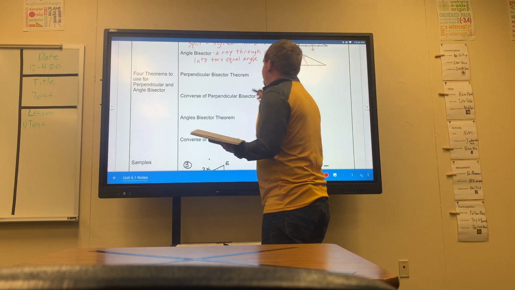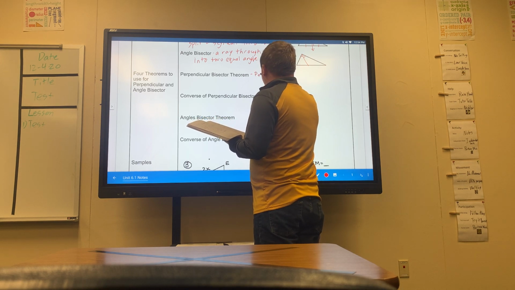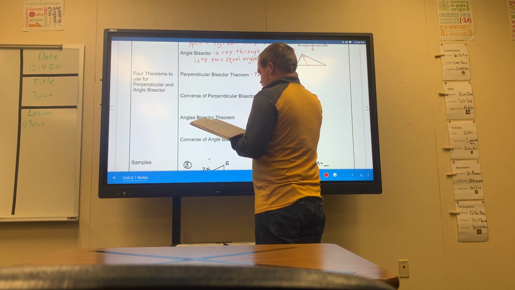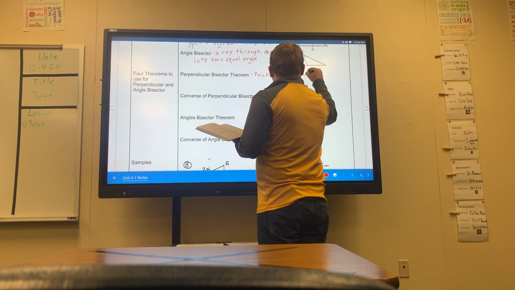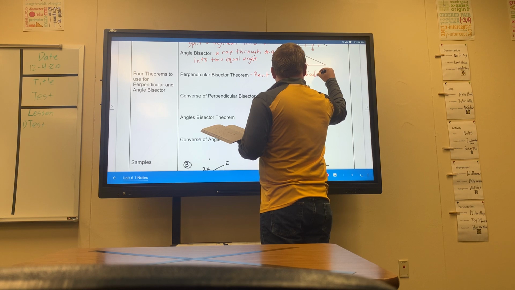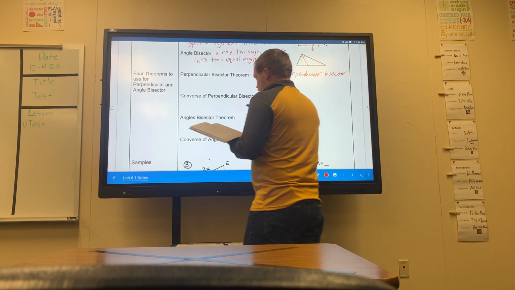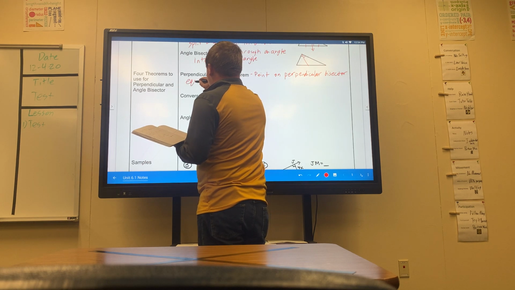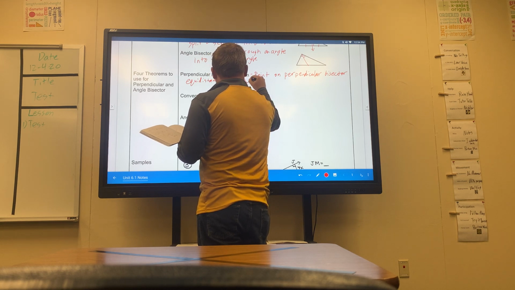This basically states that a point on the perpendicular bisector is equal distance from the endpoints.